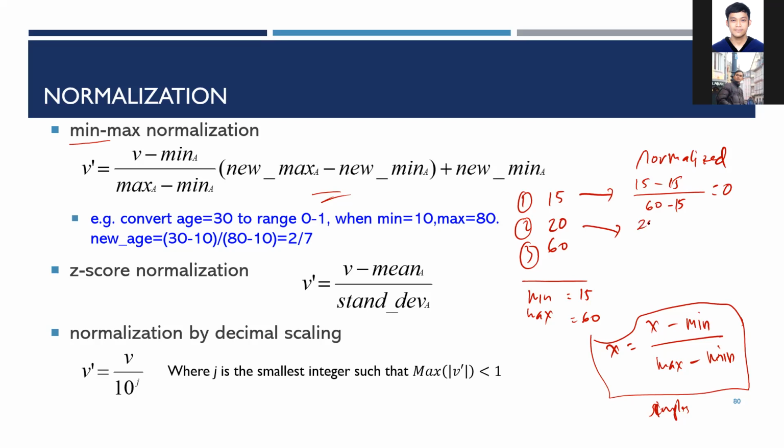For 20, 20 minus 15 divided by 60 minus 15, so it will be 5/45, which is about 0.11.